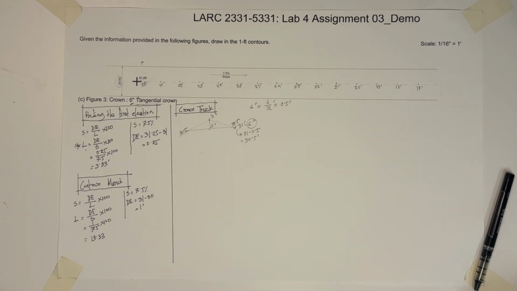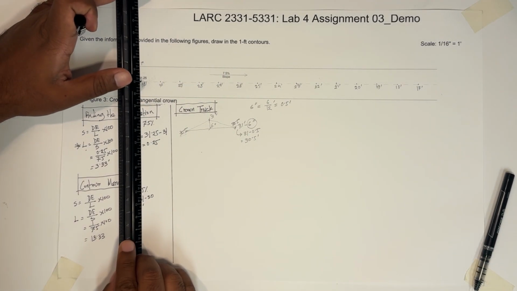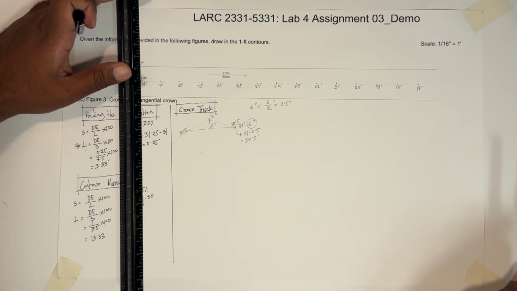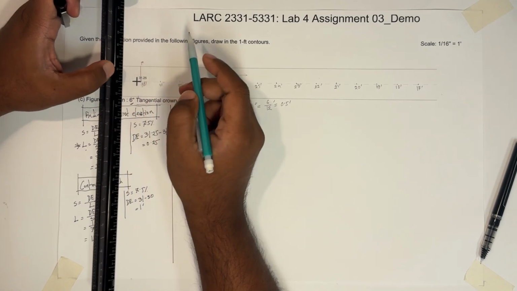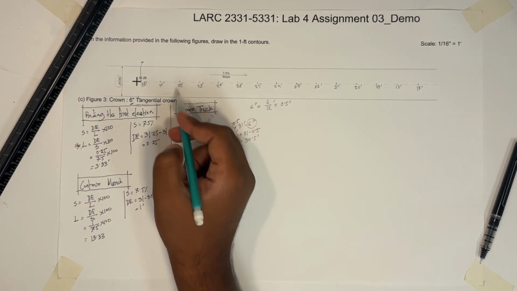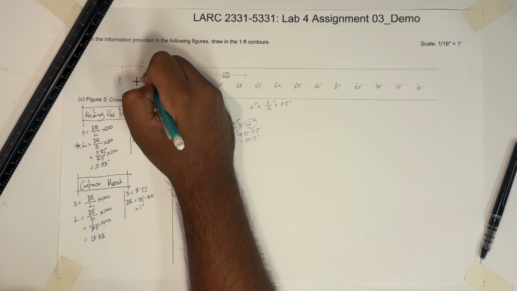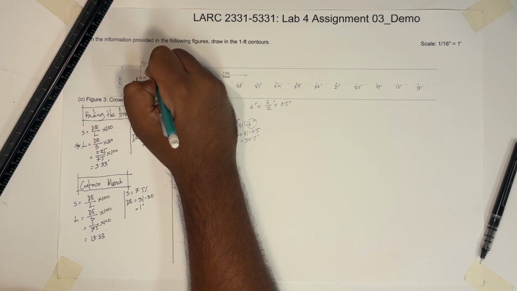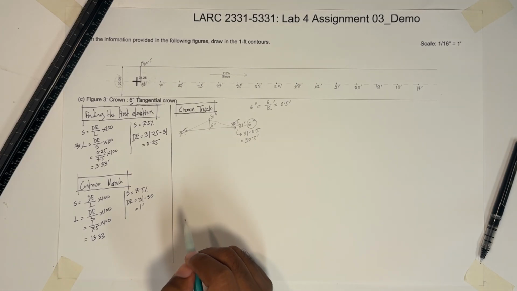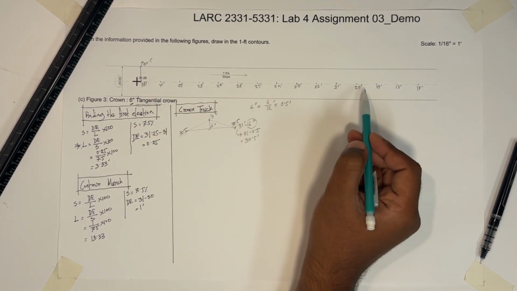So let's draw that. I'm not drawing it for both sides. I'll calculate only for one side. So this point is gonna be 30.5. Now the road is going down this way.